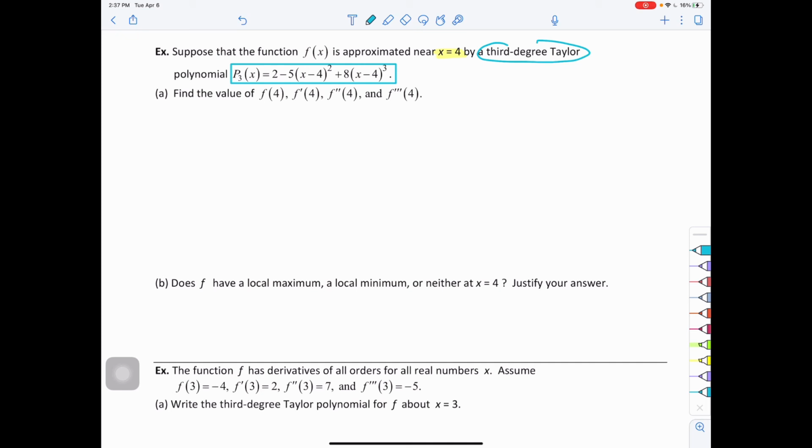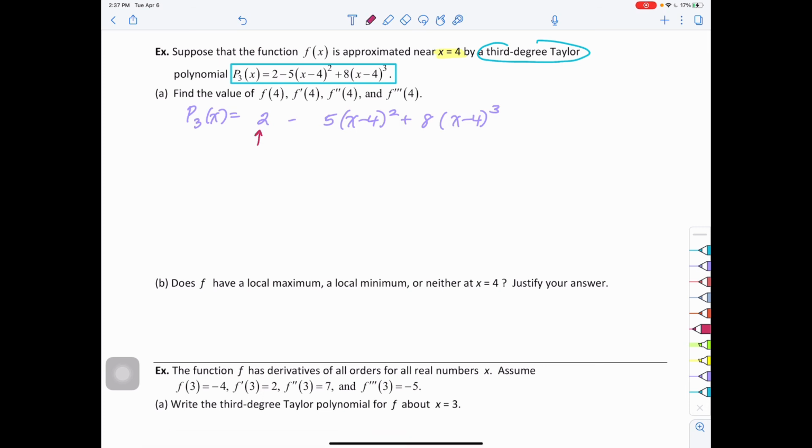Now keep in mind that these are the, right here, this P3 of x. Let's just go ahead and write it out. Keep in mind that f of 4 goes here. I was wanting to change colors here.